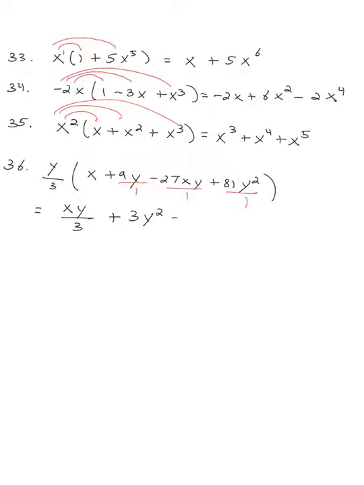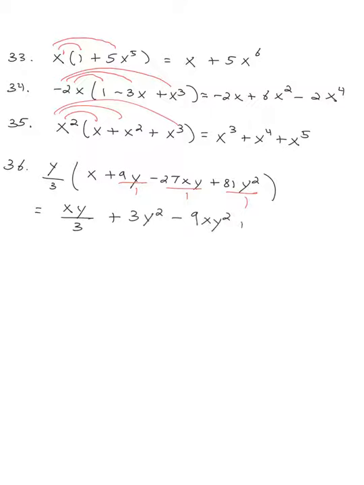And for this very same reason, when I distribute this term here, it's going to be negative, so I copied that down. This 3 is in the denominator, that 27 is in the numerator. 3 goes into 27 9 times. When this y gets multiplied to the xy's, it doesn't do anything to the x's, but y times y is y squared.